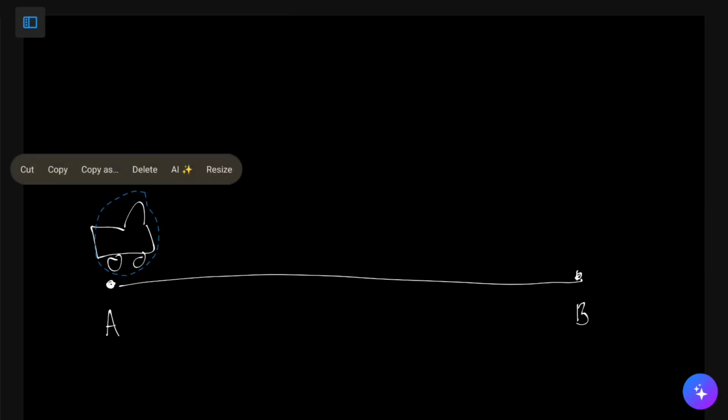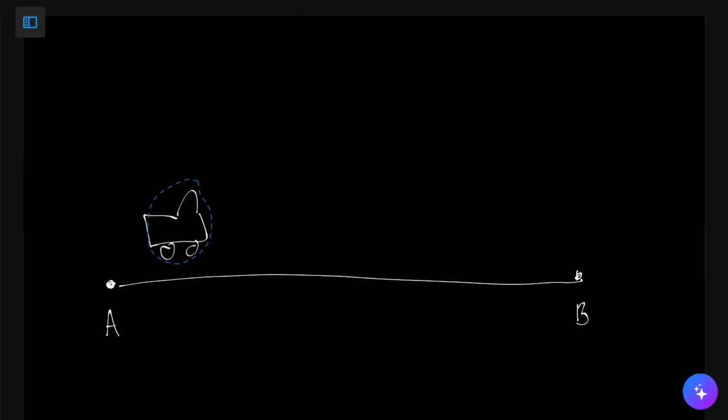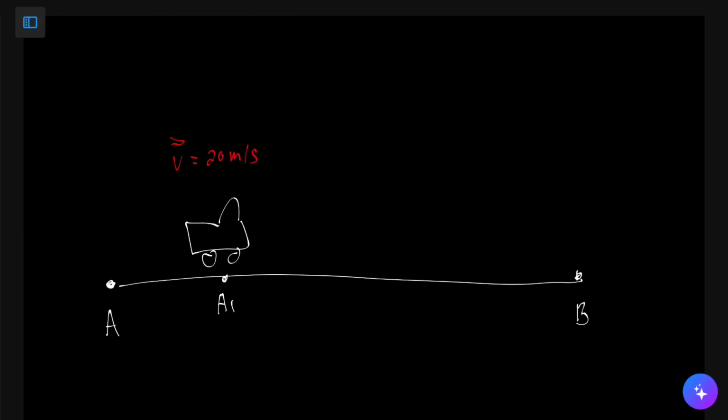You are traveling again from point A to point B. From point A, at A1, you are traveling at 20 meters per second.